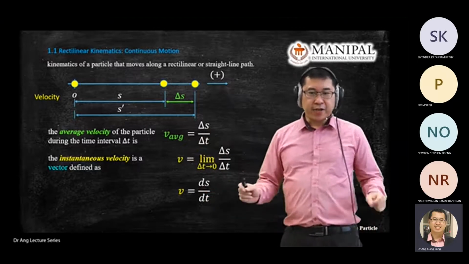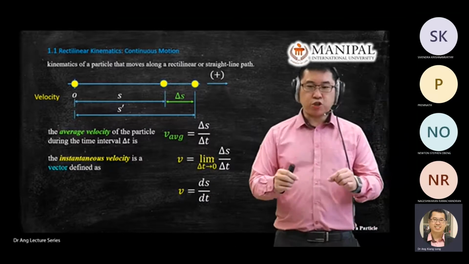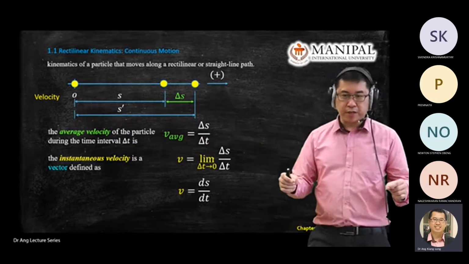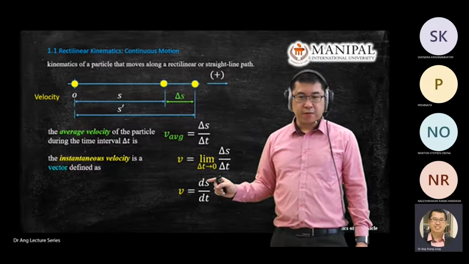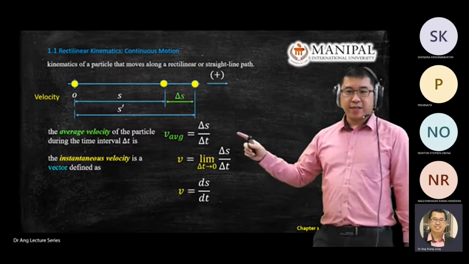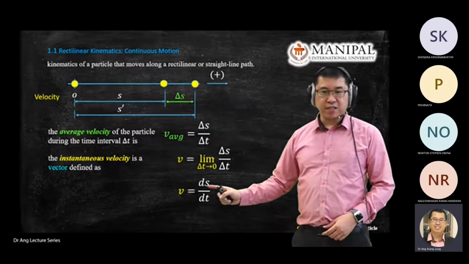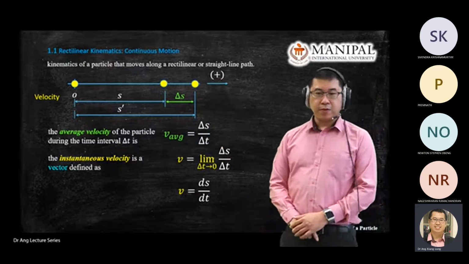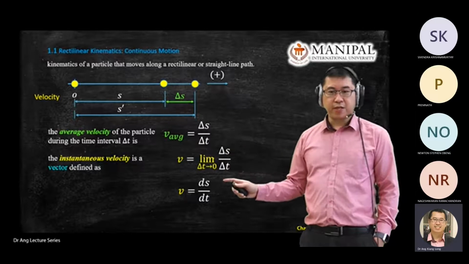In the particle's dimension, very, very small, we use delta. If it is something that you can measure with your ruler or with your instruments, then we use the D symbol rather than delta. If you can measure with your ruler, we won't use the delta. We will use the D symbol. So for these slides, you will see there are two different velocities.